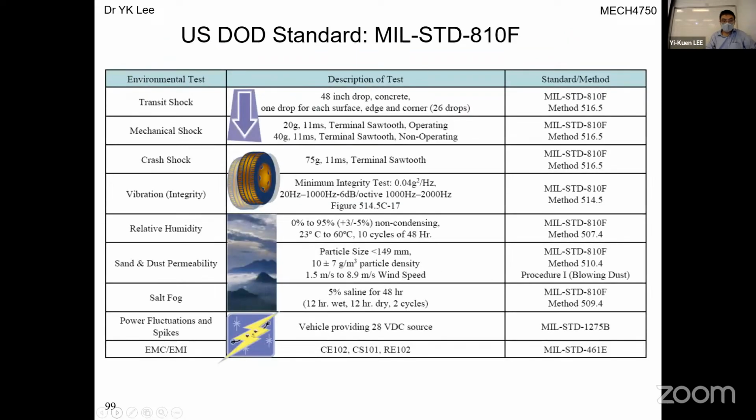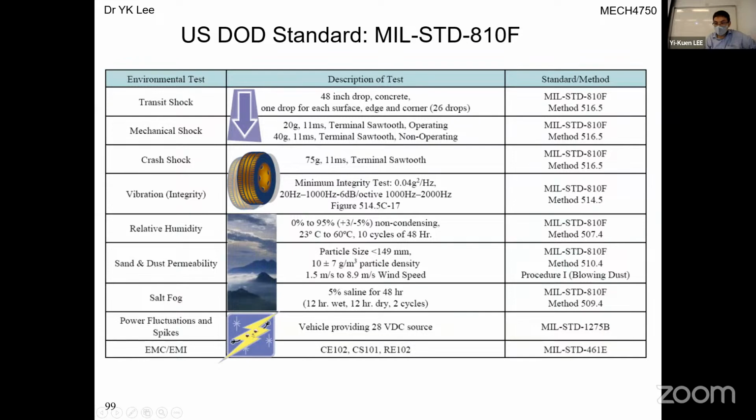And here, I think, is one of the useful pieces of information for all product engineers, right, to design the real product. If you look at high-end or military-grade products, this is the US DOD, Department of Defense, military standard.